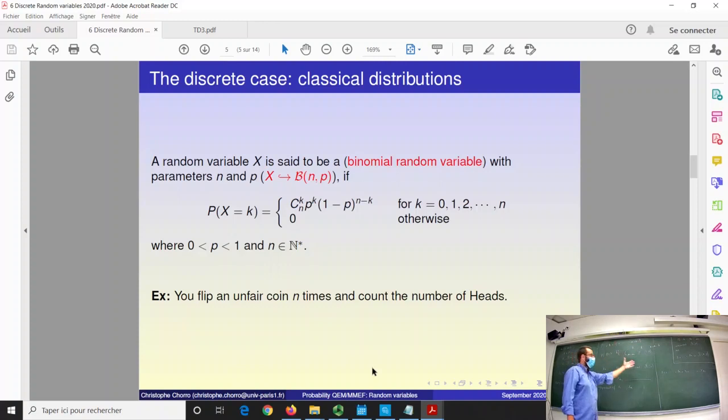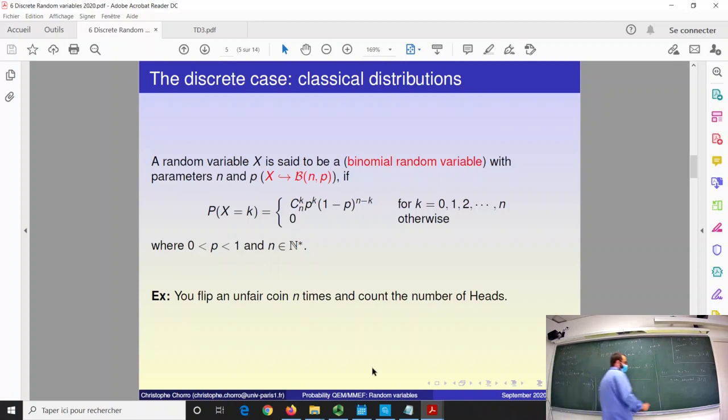So I have a set of n1 plus n2 independent Bernoulli of parameter p.